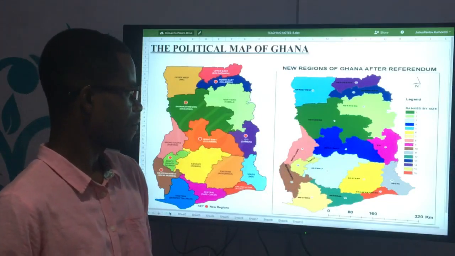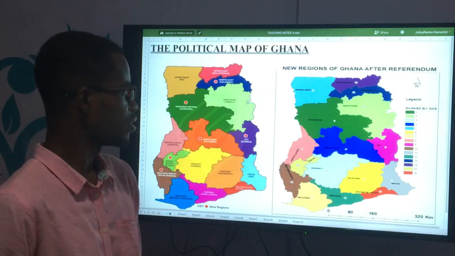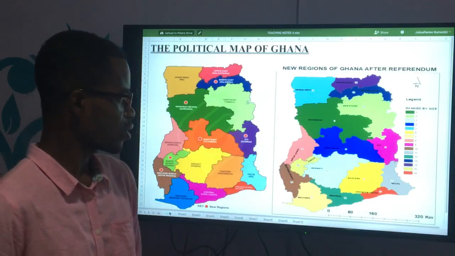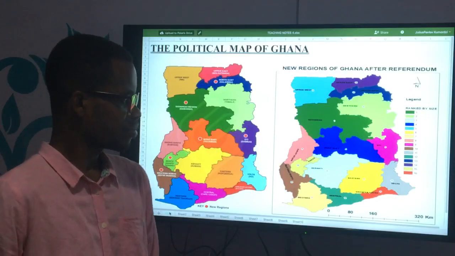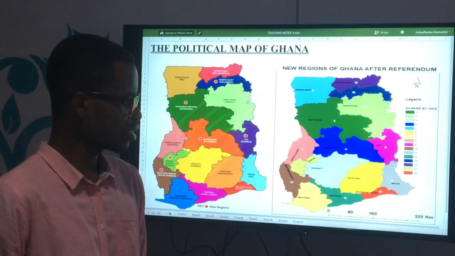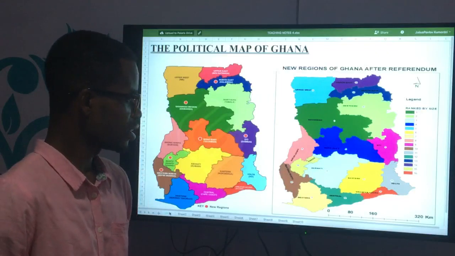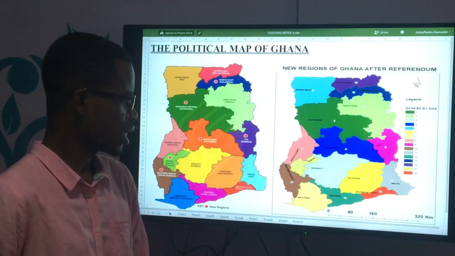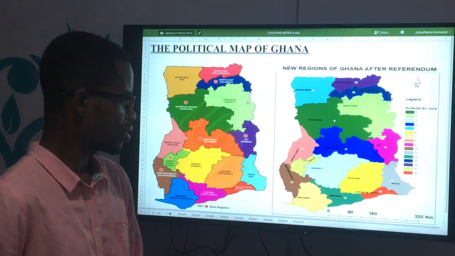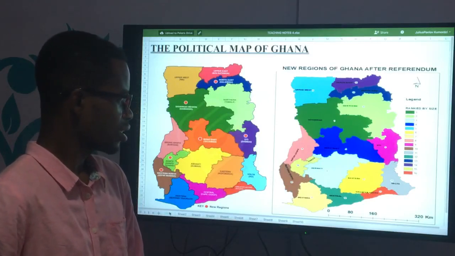Yes. Then number 5 we have Upper West. Okay, so in terms of land size, yes, Upper West. Then we have number 6, Eastern region. Then we have Western region as number 7.